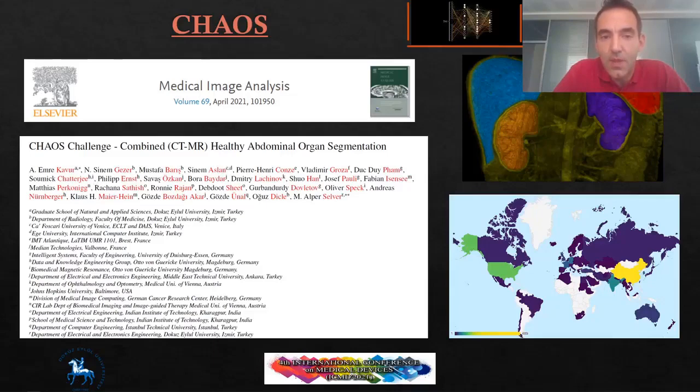And we have recently published it in the Medical Image Analysis journal. If you have a look at this article, it consists of a tremendous amount of statistical analysis because, as you can see in the map, more than 1,600 participants participated in this challenge all around the world.